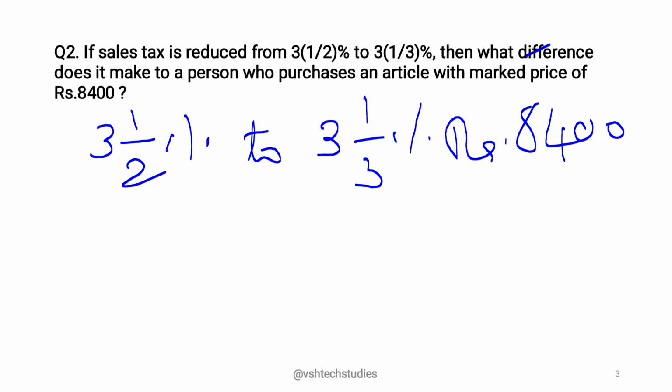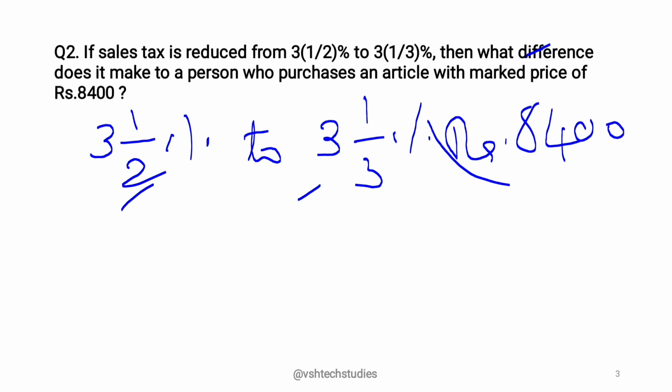Means how much he can save, because the sales tax has been reduced from 3.5% to 3 1/3%. So when tax is reduced, definitely the total amount that person has to pay will be reduced.